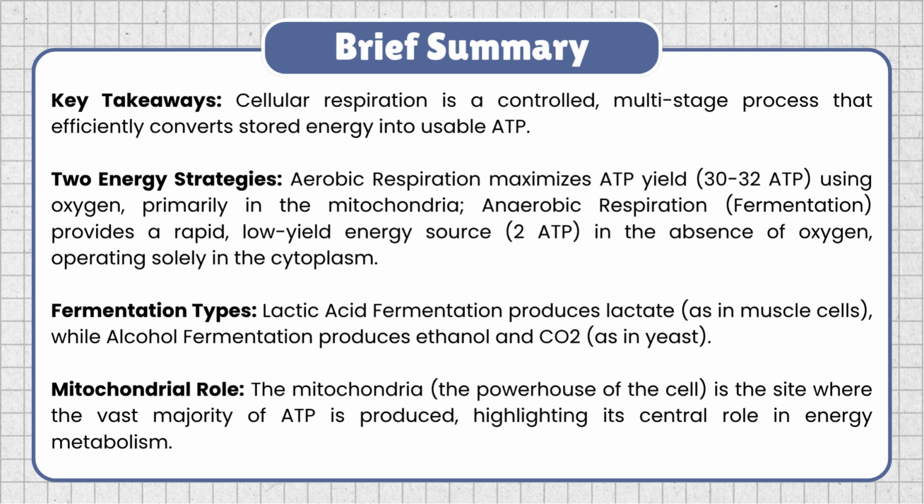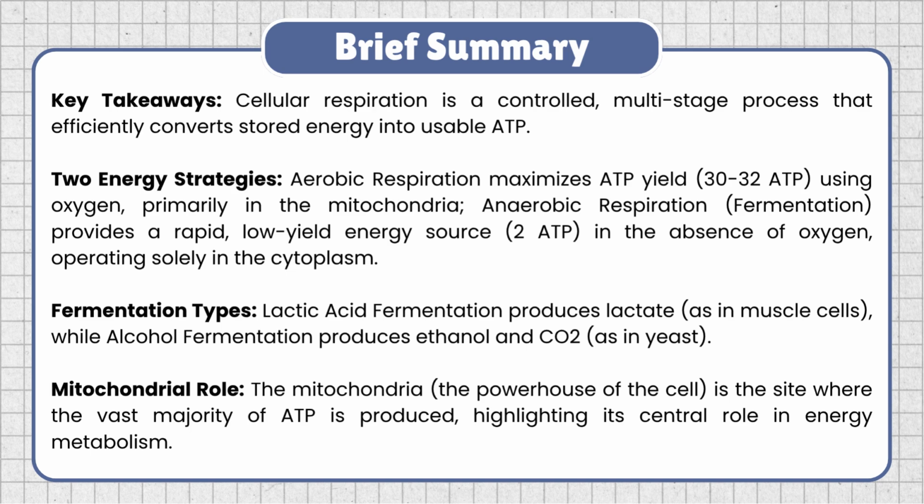Second, anaerobic respiration, like fermentation, provides a rapid but low yield source of only 2 ATP in the absence of oxygen, operating solely in the cytoplasm. The two main types of fermentation are lactic acid fermentation, which produces lactate, as seen in our muscle cells, and alcohol fermentation, which produces ethanol and carbon dioxide, carried out by yeast.